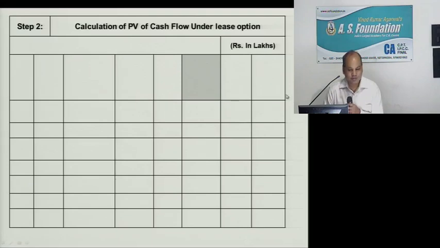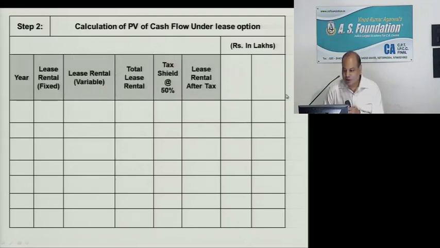If you write in detail, you will understand better. Year, lease rental fixed, 5 lakh, 5 lakh, 5 lakh. Lease rental variable, 10% of gross revenue. Fixed plus variable, total lease rental.